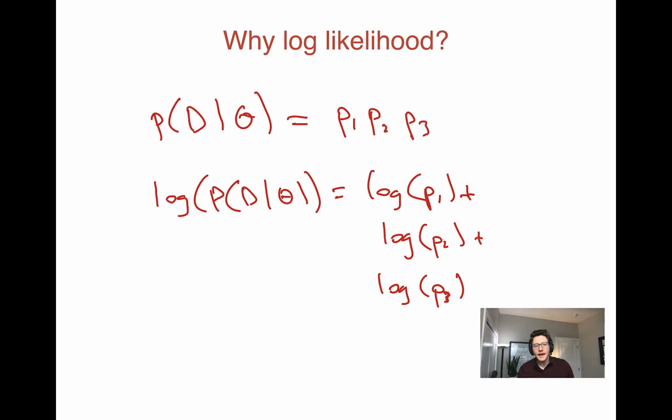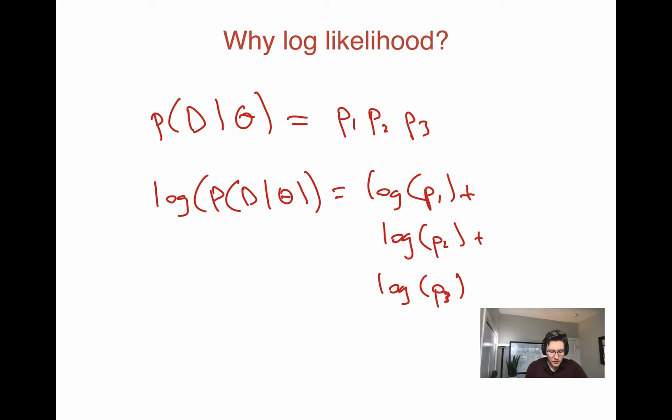One way to fix that is if instead we take the log of the likelihood, then each time we see a new observation, we add something to our log likelihood instead of multiplying. So I think handling log likelihoods is a bit more intuitive, because we are adding things rather than multiplying them.